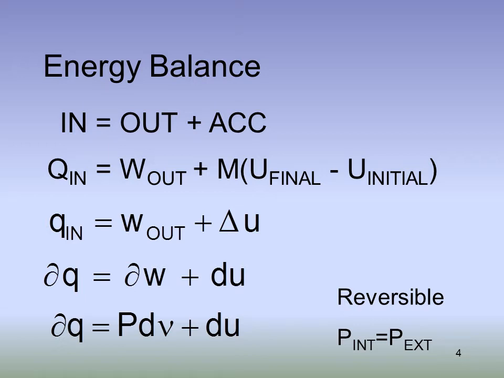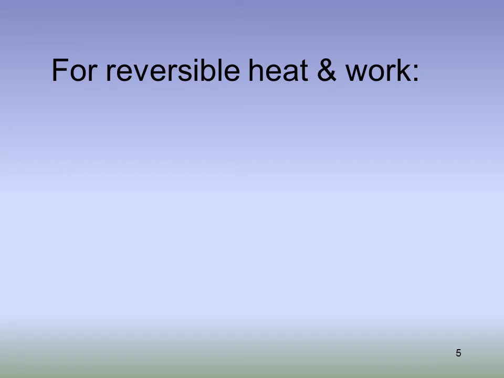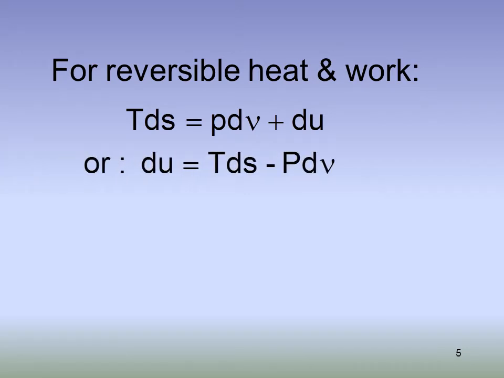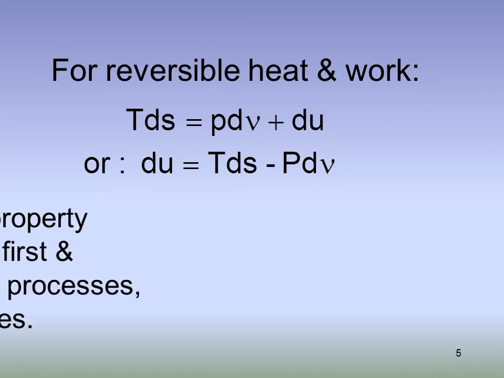So the work you're exporting, P external dV, is equal to the work being done, P internal dV. No gradients makes it reversible. For reversible heat and work, then, we have TdS equals PdV plus du. Or solving it the other way, du equals TdS minus PdV. And that's the way you'll commonly see it.